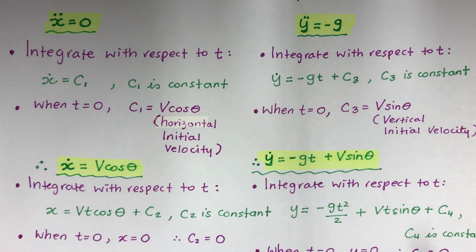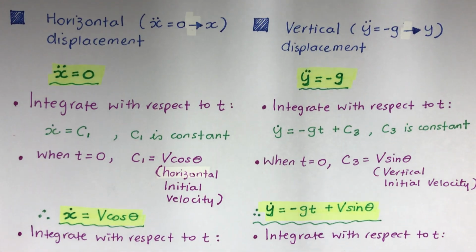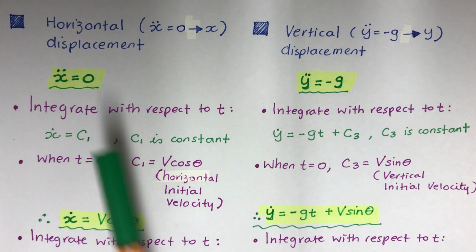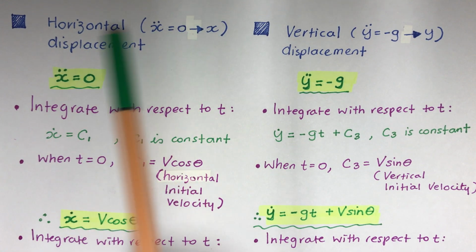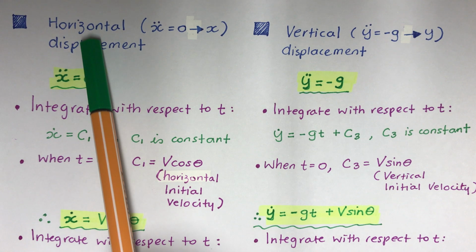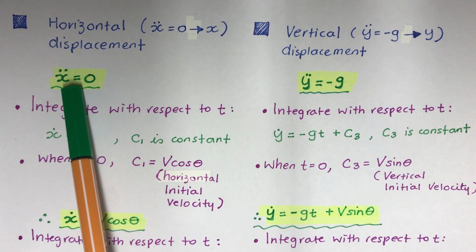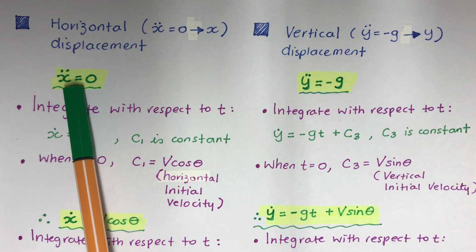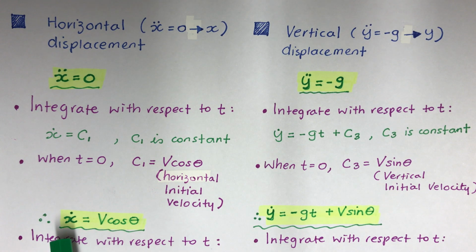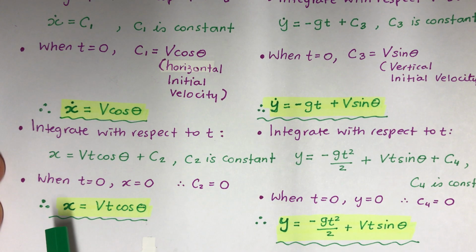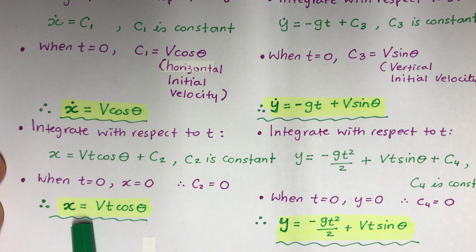Next one, there's a lot of formulas happening now. The first one is the horizontal. So for horizontal displacement, we're going to derive that from horizontal acceleration all the way to horizontal velocity and then horizontal displacement.